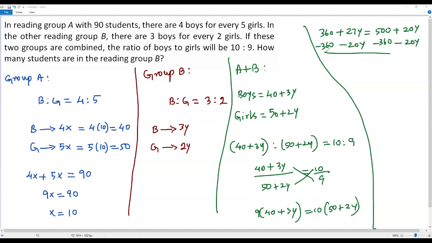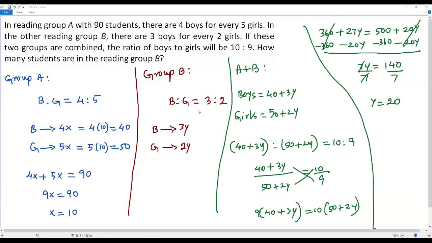The 20y cancels on the right side, and the 360 cancels on the left side. Combining, I get 7y on the left, and 500 minus 360 is 140 on the right. Let me divide both sides by 7. Then y equals 140 divided by 7, which is 20. Now I have the value of y, that is 20.